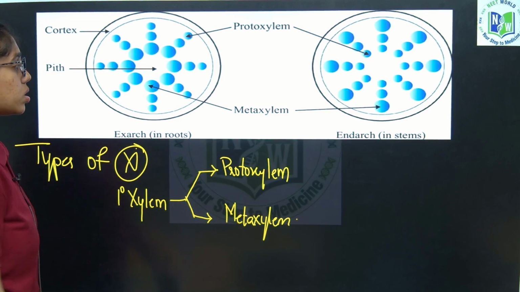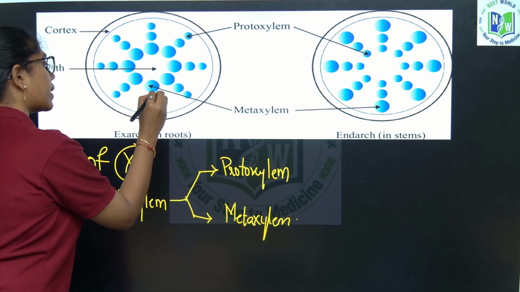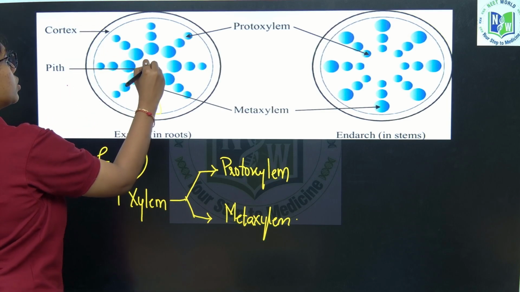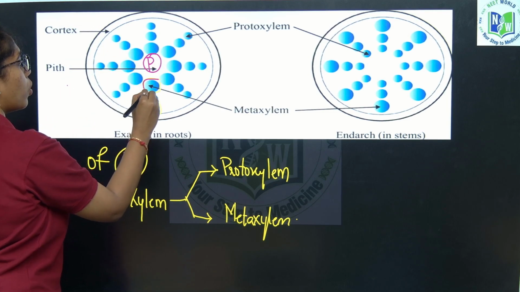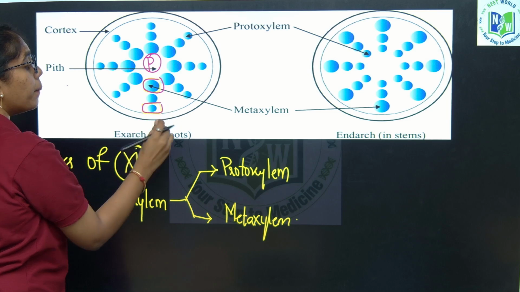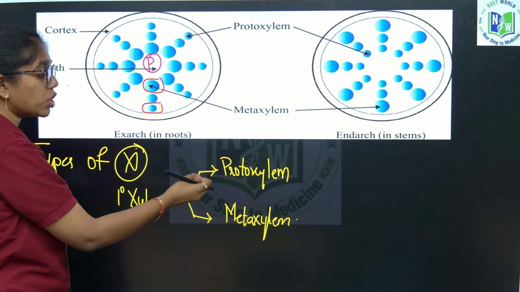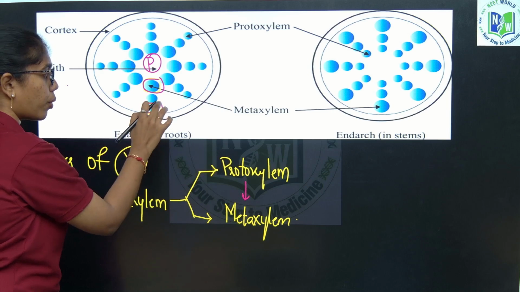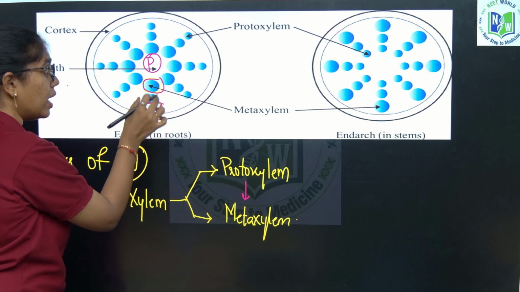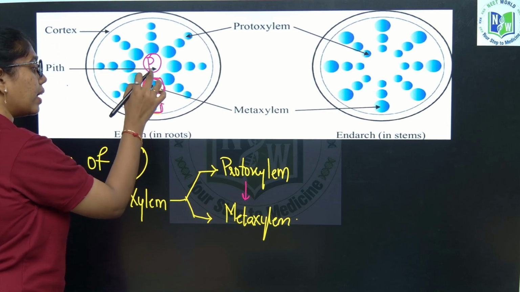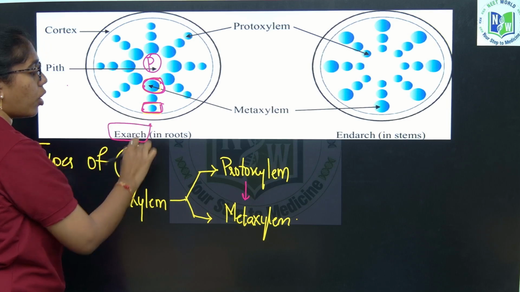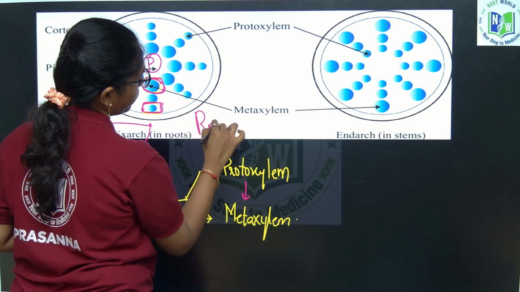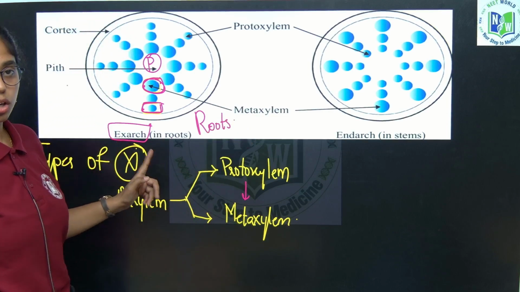Protoxylem in roots is at the periphery, metaxylem is at the center, which is close to the pith region. So, protoxylem, which is the primitive xylem, or first formed xylem, later matures to the metaxylem. If protoxylem is to the periphery and metaxylem to the center, it is called the exarch form of xylem, which is observed in the roots.